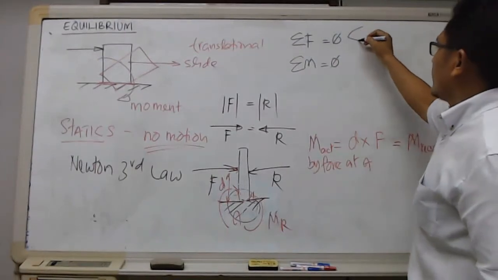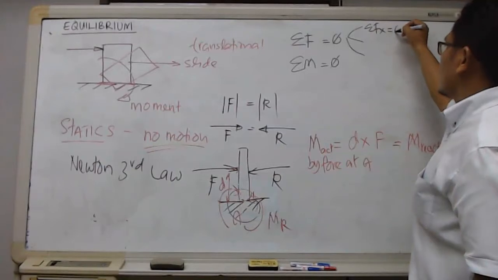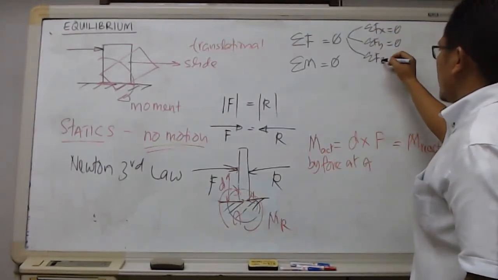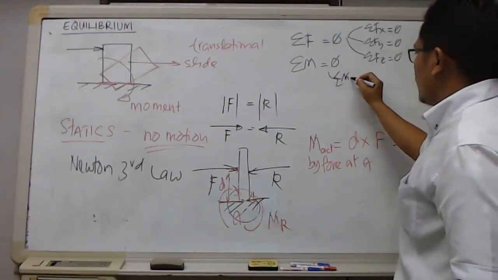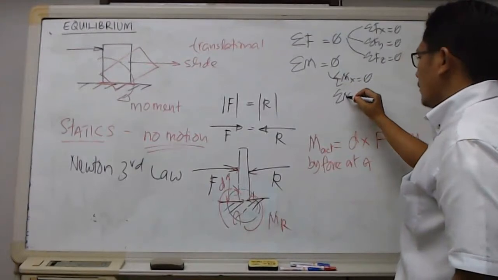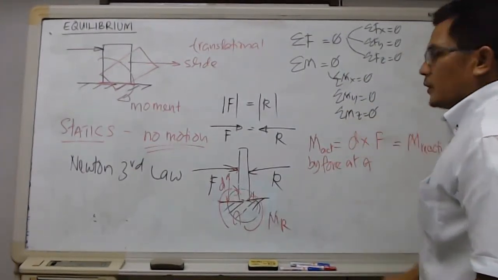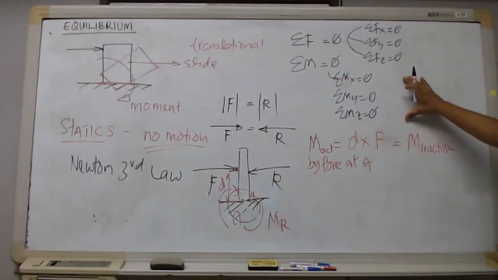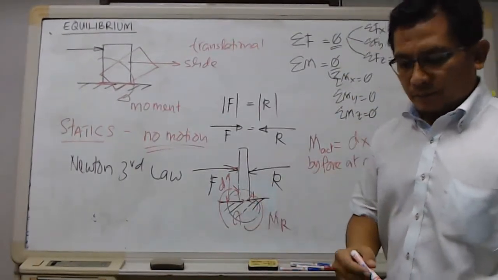From here you can develop them into summation of force x equal to 0, summation of force y equal to 0, summation of force z equal to 0 if it's 3D. Same thing with the moment: summation of moment x equal to 0, summation of moment y equal to 0, summation of moment z equal to 0. So we are using these equilibrium equations. Equilibrium means everything is 0, to solve the static problem.